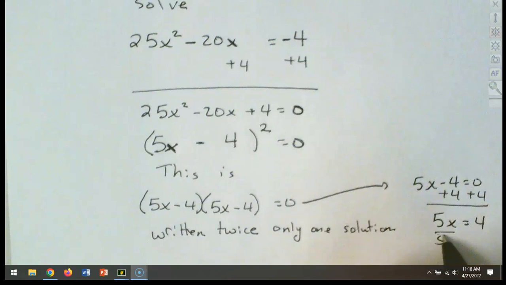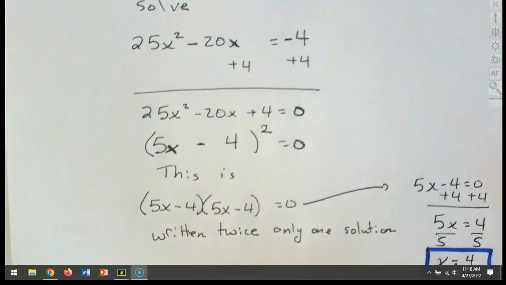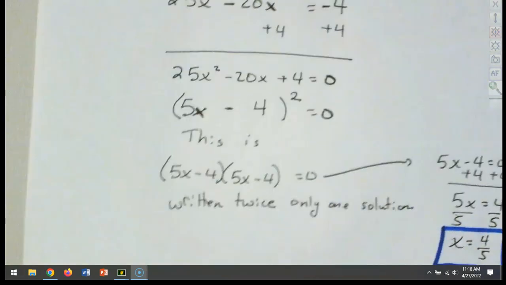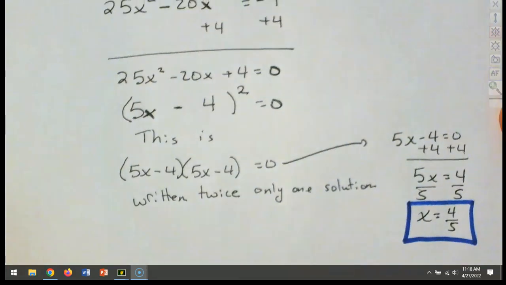We'll divide by our 5. And now we've got x equals 4 fifths. And that's it. We only have one solution because it's squared. So let's go through our homework and see what we can work through.